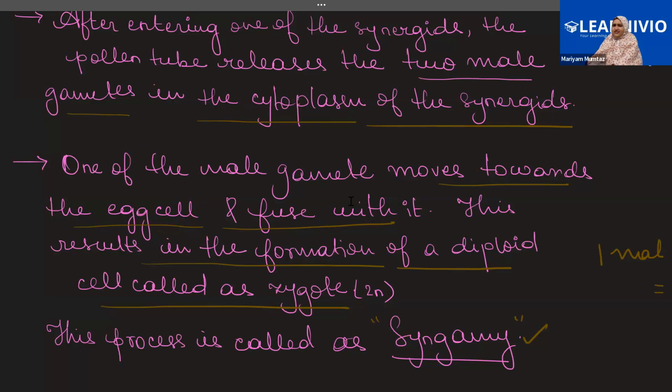I'm asking a very basic question. Because the gametes are N. Aren't the gametes haploid? Yes, that was the question. So after one of the male gametes fuses with the egg cell, it will form the diploid zygote.